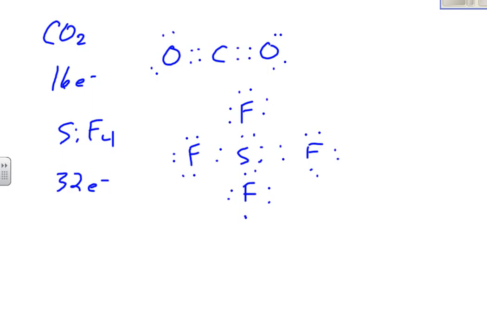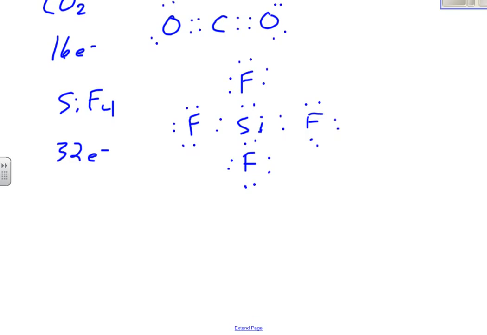This is going to become a pretty basic structure for us, because you've got your central atom that has 8 around it, that stable octet we're creating, and then all the fluorines attached to it have their electrons also. So that's going to be a pretty common structure for us.